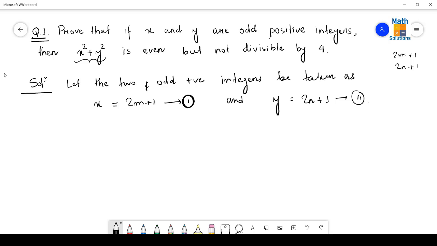So here in this case, squaring and adding. Of course, I have to square x and y so that I can get the term x square plus y square. And along with that, their right hand sides will also be getting squared, and then we can add it. So I can write here squaring and adding.